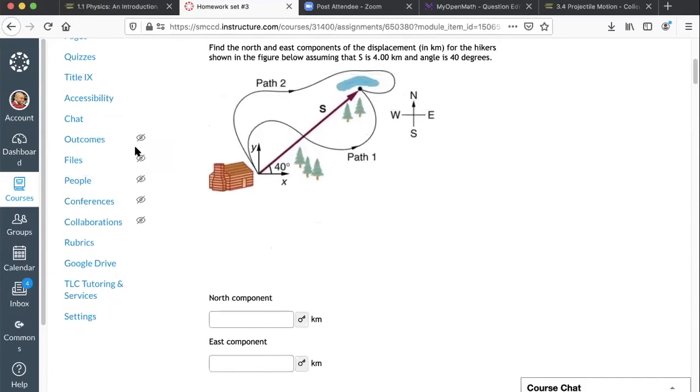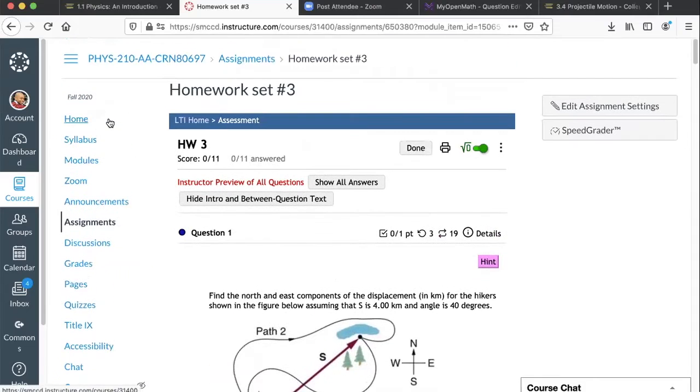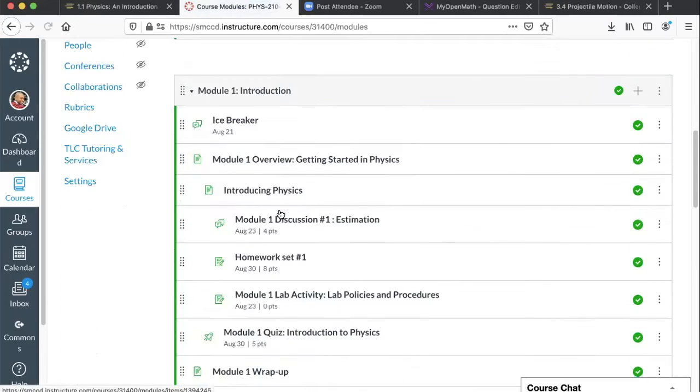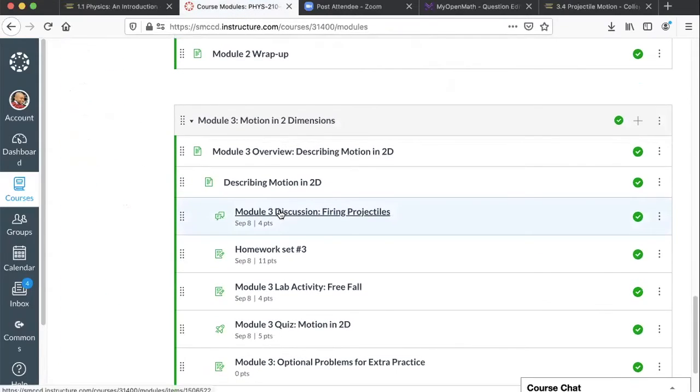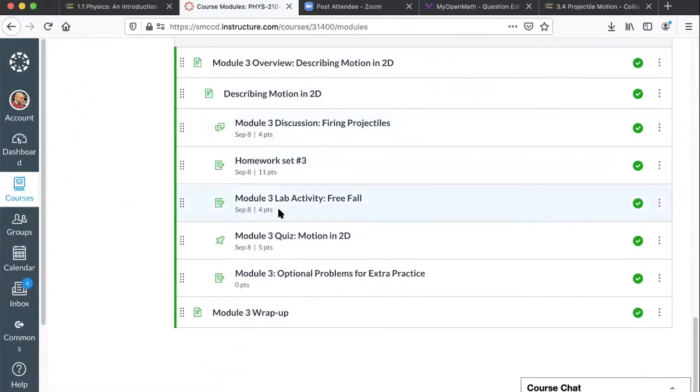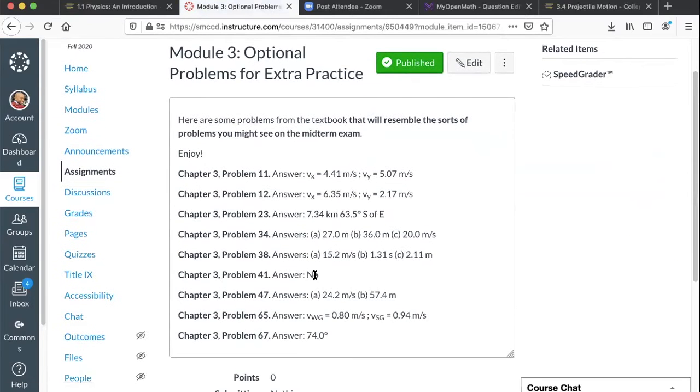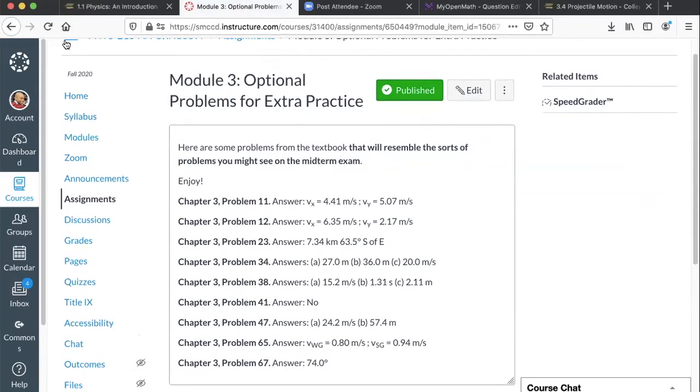Yeah, so let's see. If you go over here, so if you go to the optional problems for extra practice. Sorry, can you go a step back?